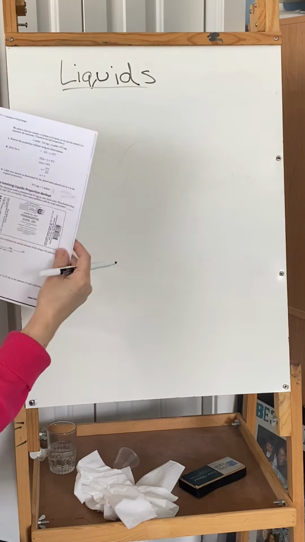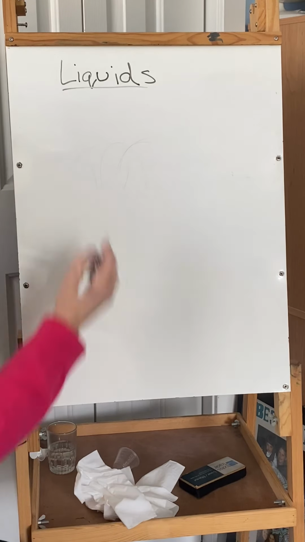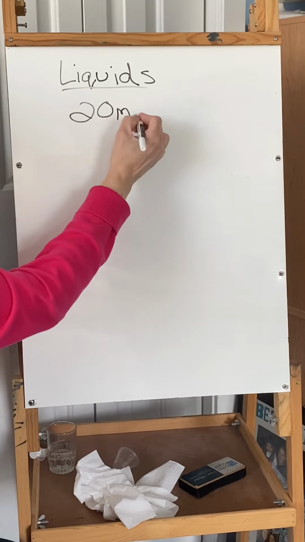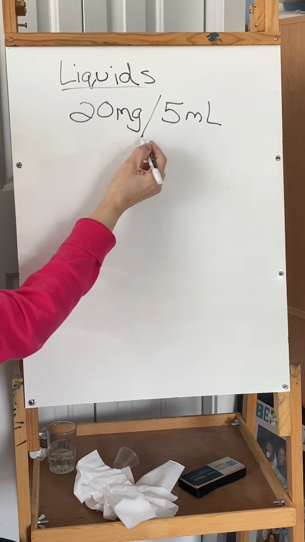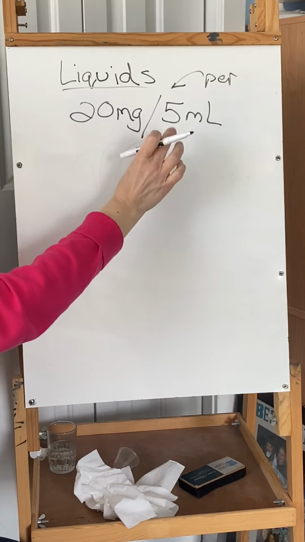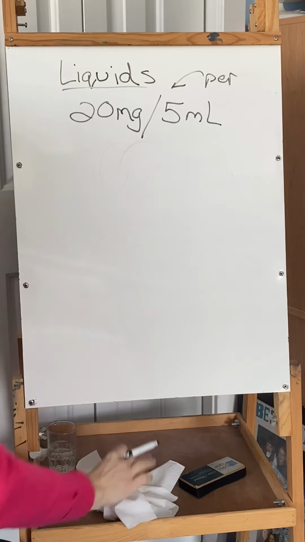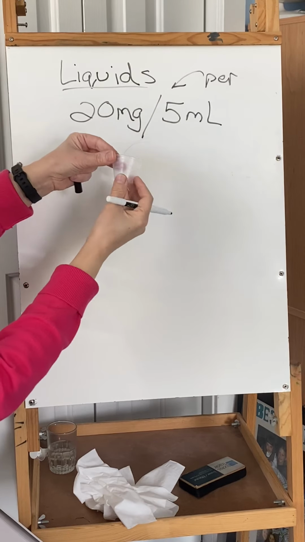All right, so the example says, the physician orders phenobarbital 45 milligrams by mouth 2 times a day. Phenobarbital elixir, remember that's a type of liquid, 20 milligrams per 5 ml. This is what this means. This little slash is read as per, meaning for every 5 ml of your little cup.